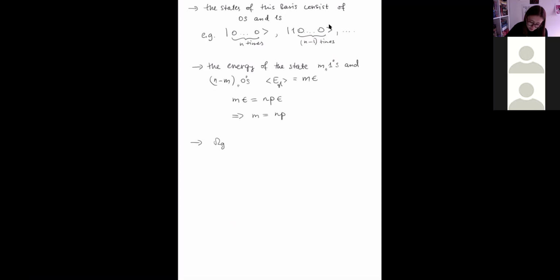So omega global as a set contains states psi such that Np qubits are in the state 1 and N minus Np, which is just N(1 minus p) qubits, are in the state 0.